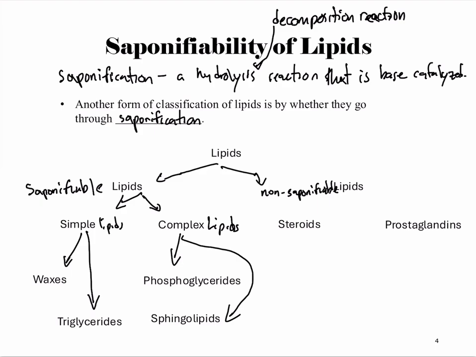We'll probably get through fatty acids today for simple lipids, and next time we'll get through waxes and some of the complex lipids, and then maybe talk a little bit about the non-saponifiable lipids. This is another way of classifying lipids, and it's probably how people generally think of it more now, because this hydrolysis reaction is important for using fats and oils as energy.